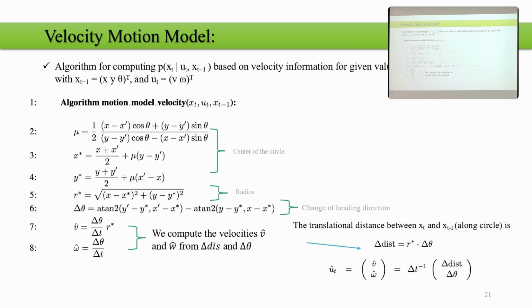Now we can calculate the velocities v hat and w hat from the delta distance and the delta theta. Delta theta, we found over here, the amount of change. Now we want to calculate the two velocities based on this calculation.